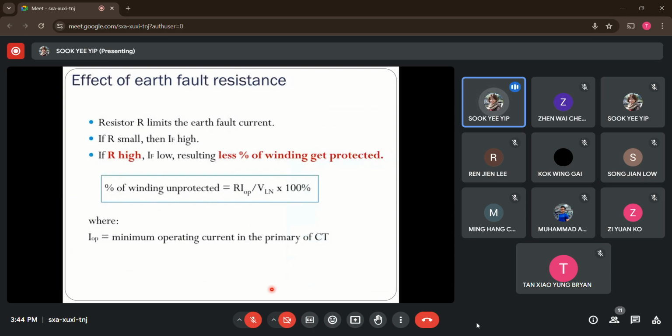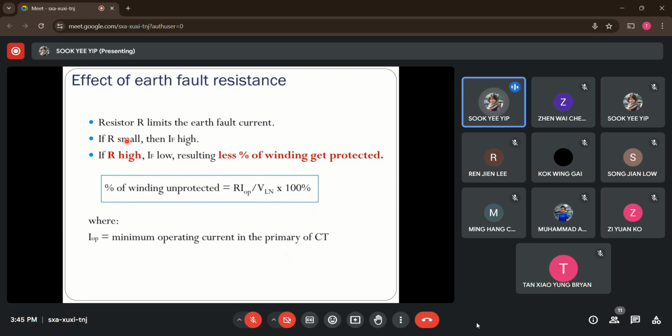Now we'll see how the chosen resistance value limits the earth fault current and how it changes the percentage of stator winding protected against earth faults. If the selected earth resistance value is very small, the fault current value will be very high, because resistance opposes the current flow.